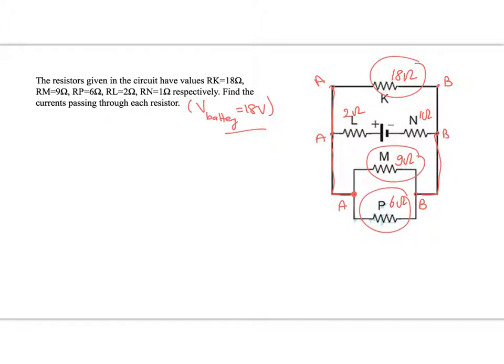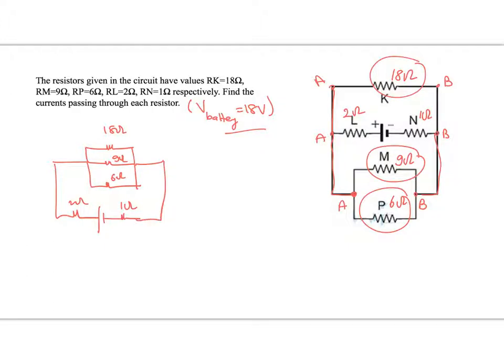So all these three resistors are in parallel. So I can redraw the circuit like this. K, M, and P are in parallel, and L and N are on the main circuit.